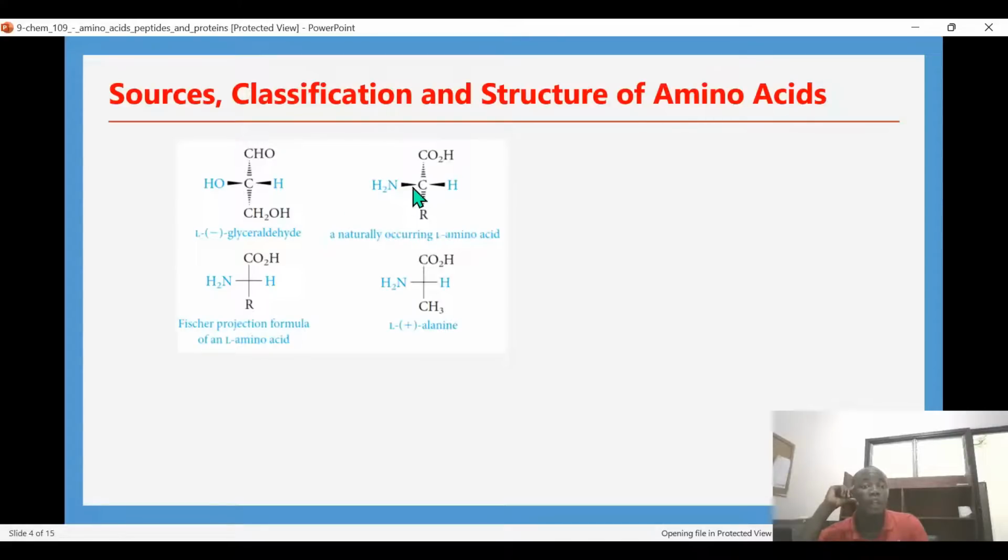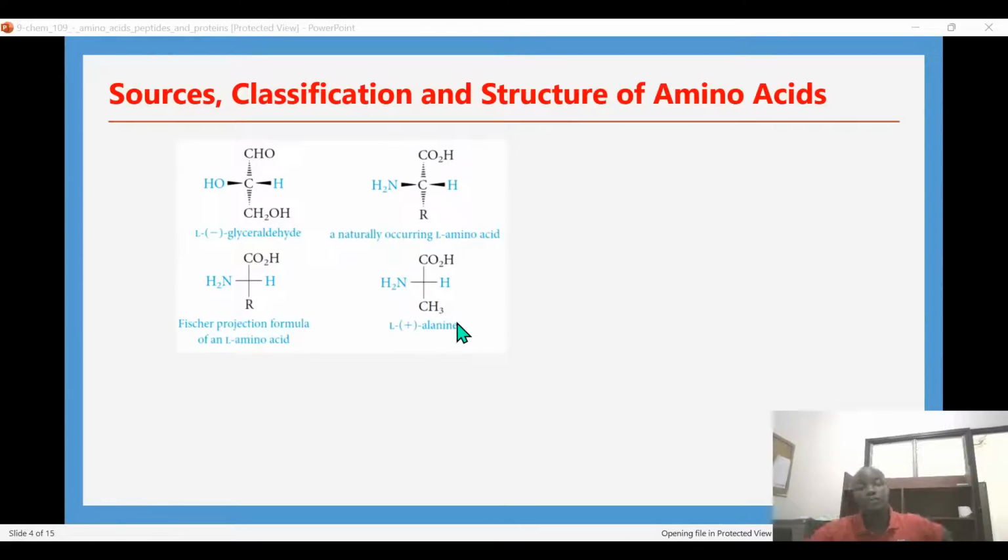So our amino acid is also in the form of L amino acid. Why is it called L? L means levorotatory, while D means dextrorotatory.